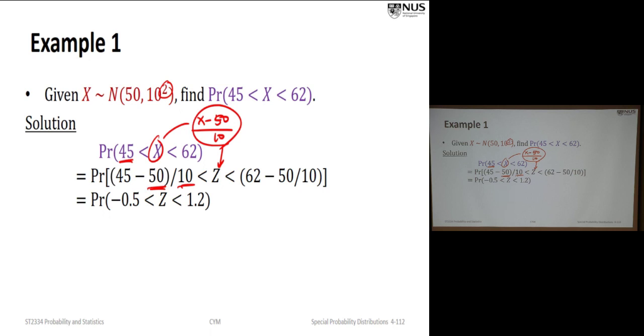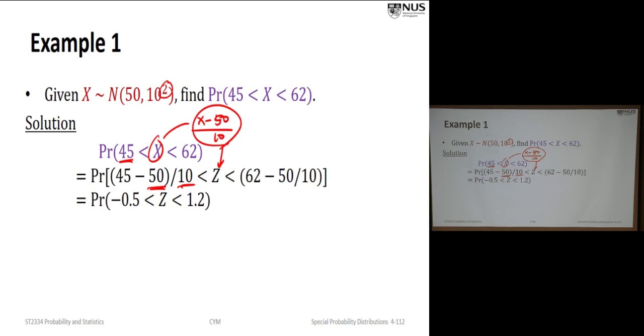So this last statement says that this standard normal random variable is between minus 0.5 and 1.2. In fact, you can interpret minus 0.5 as asking what is the chance that this standard normal random variable is 0.5 standard deviations below the mean.